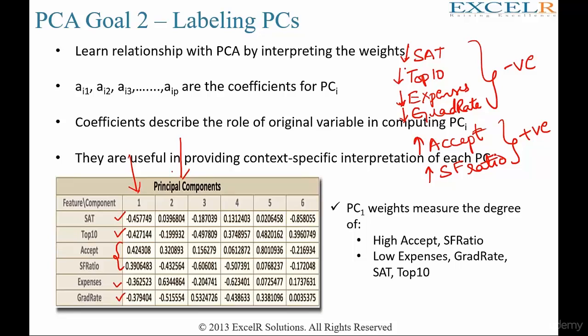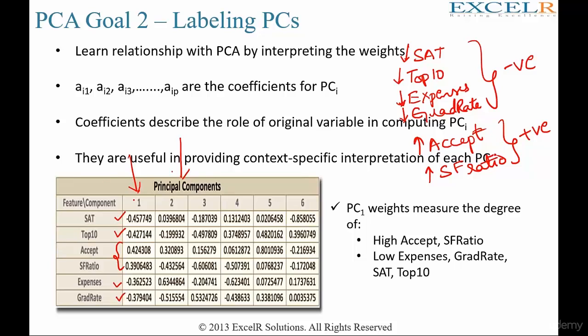Wherein the SAT score is low, fewer students who were in their top 10 in school have joined, the cost is less, the number of students who graduate is less, and the acceptance ratio is very high because it's probably a government or public university, or a tier 3 university, wherein the student faculty ratio is also very high. That means for too many students you have one faculty.